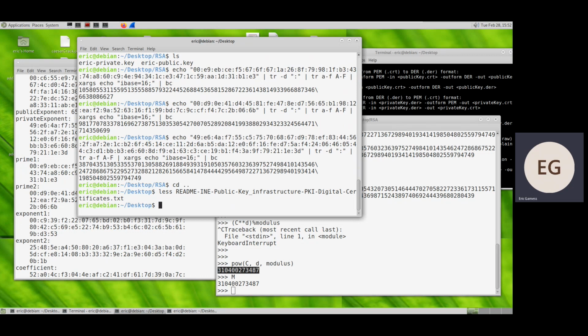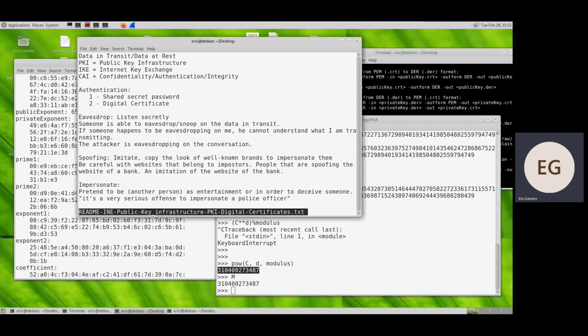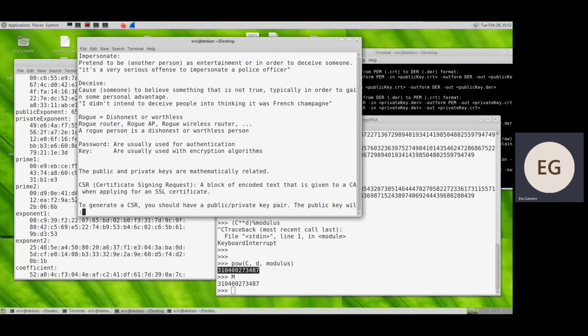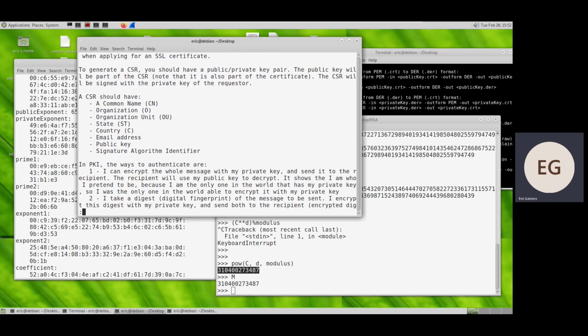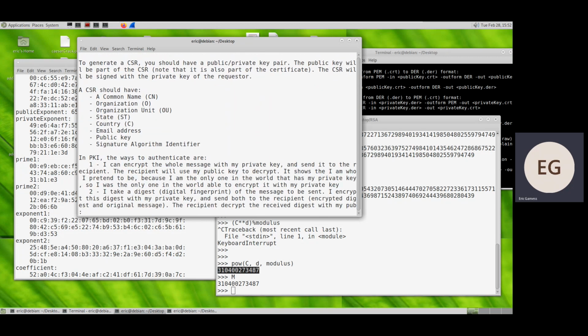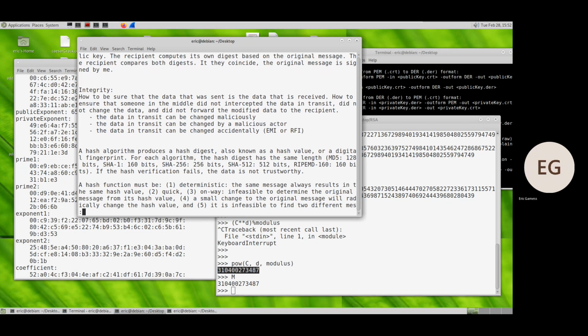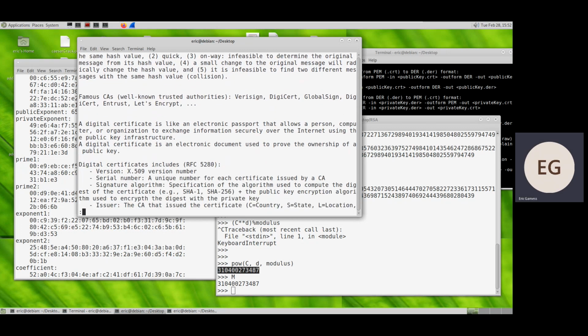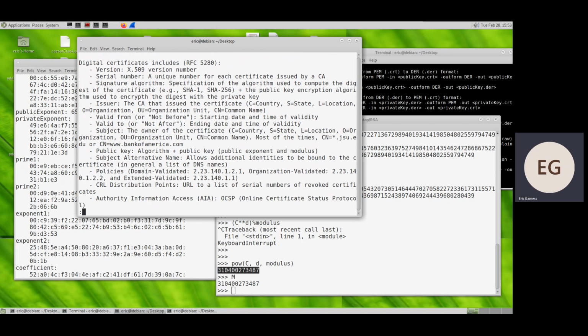And we need to talk about digital certificates. What is a digital certificate? I already gave a first definition, but what is inside a digital certificate? We will have this inside it. It is defined in a Request for Comments, RFC 5280.